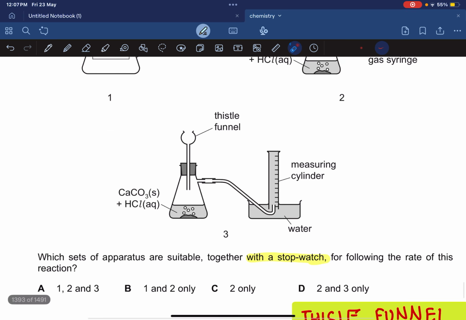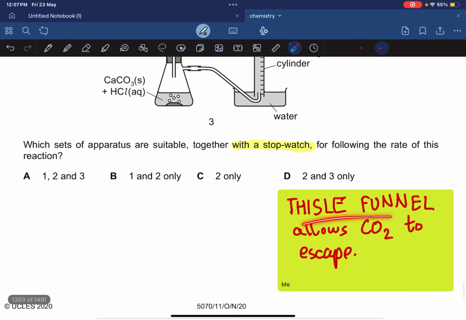Okay, now we move on to option 3, which basically tells us again we're measuring the volume of the gas produced using a measuring cylinder. But one thing over here that candidates failed to understand was that some gas, carbon dioxide, is escaping from a thistle funnel. Remember that a thistle funnel allows the gas to escape. So the key concept was that a thistle funnel allows carbon dioxide to escape.